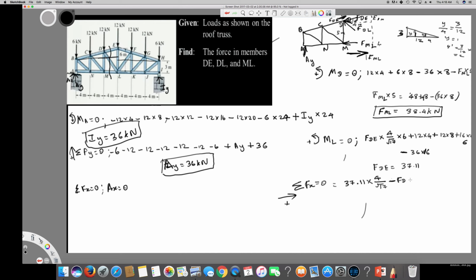FDL cos theta is going to be, so if you draw this line, it's going to be the same as this one.